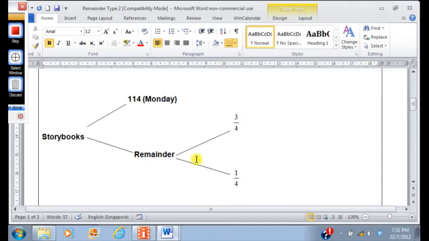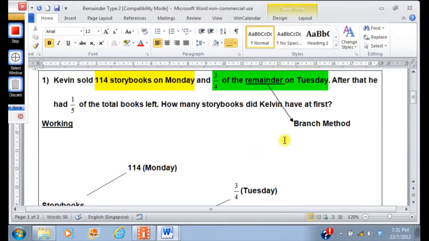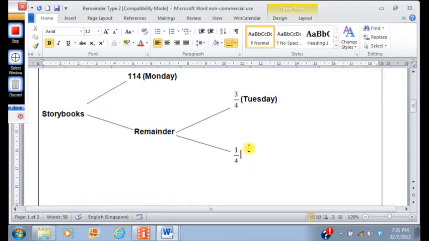So what do we do next? Here will be Tuesday. And what will this be? Let's read on. After that, did he sell anything? No, so this got to be what he had left. Now, look here.